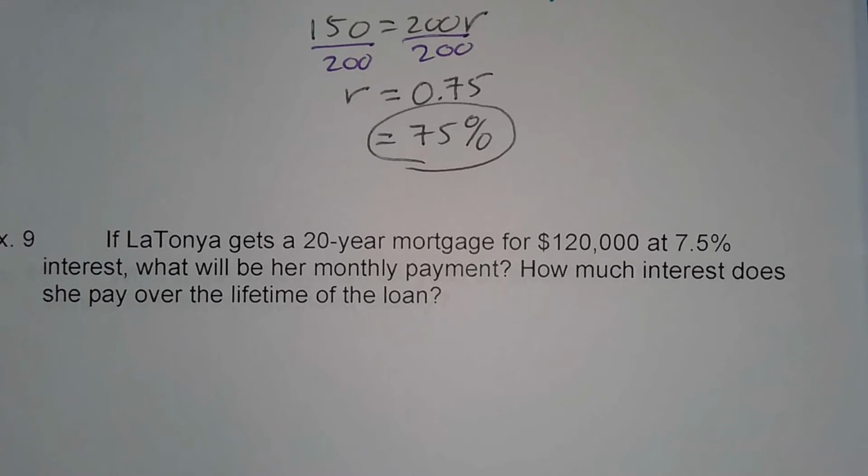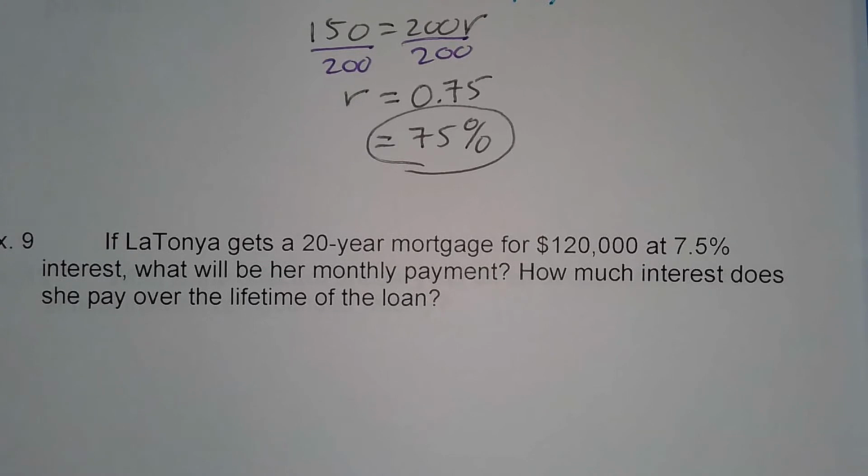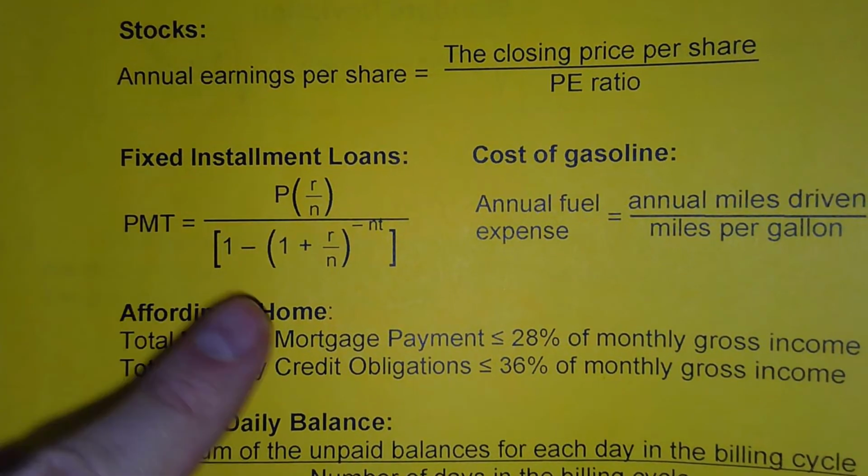Let's try number 9. If Latonia gets a 20-year mortgage for $120,000 at 7.5% interest, what is her monthly payment? Alright, this is a fixed loan, so we only have one formula to choose. It's this one here.